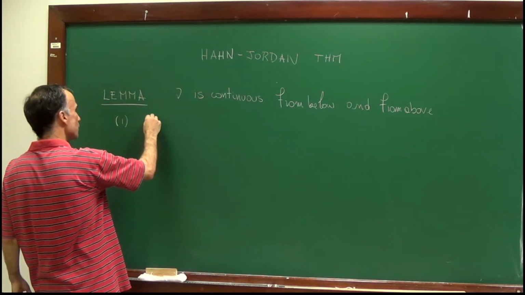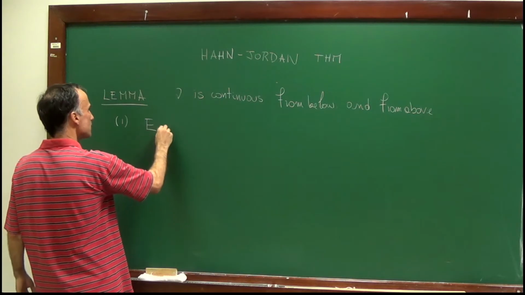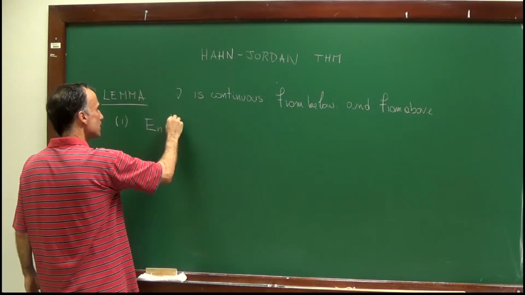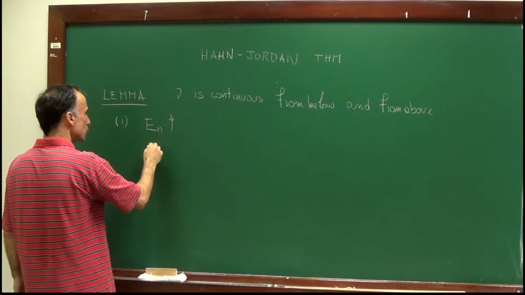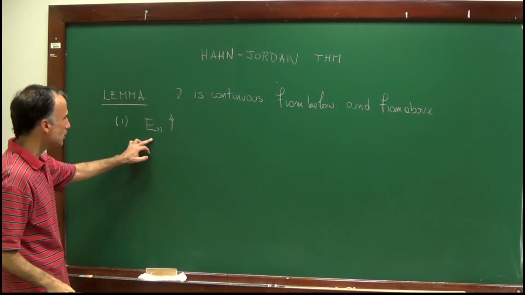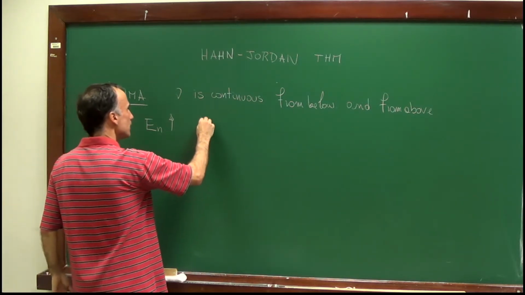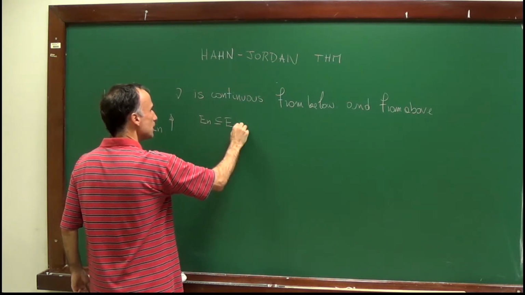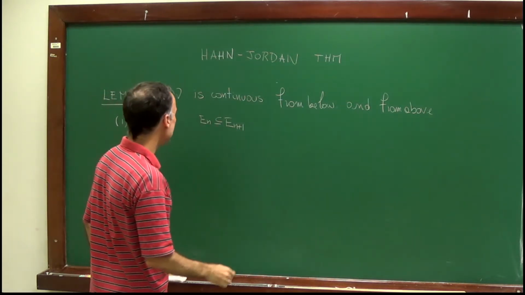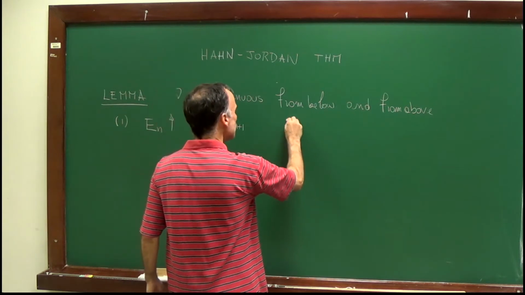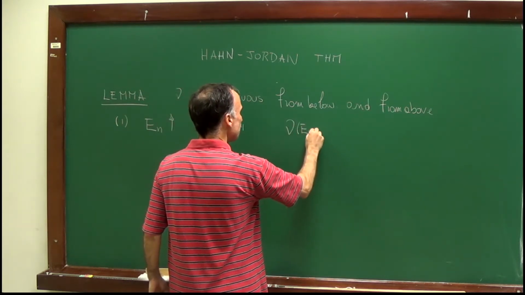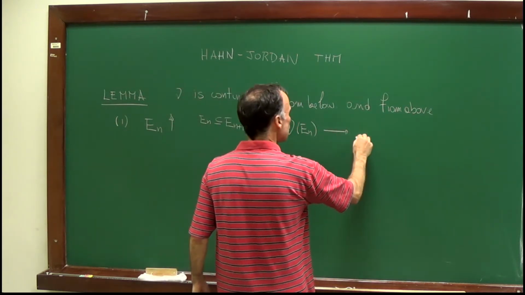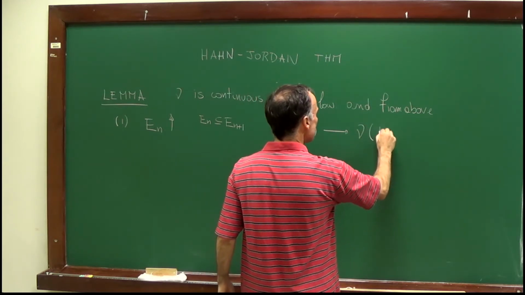So let me just remind you what continuity from below is. This means that if we have a sequence of sets En increasing, so these are sets in the sigma algebra such that En is included in En plus 1, the claim is that nu of En converges to nu of the union of En.